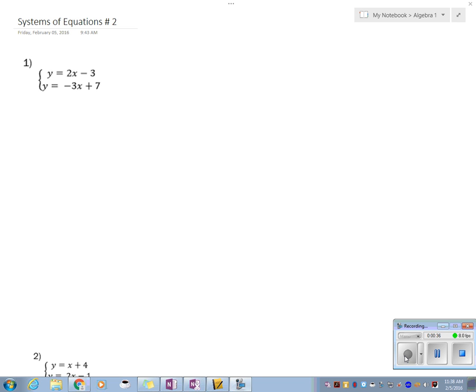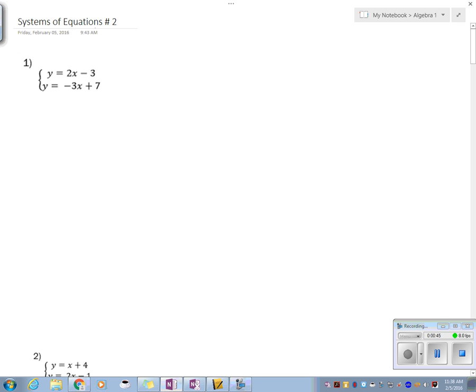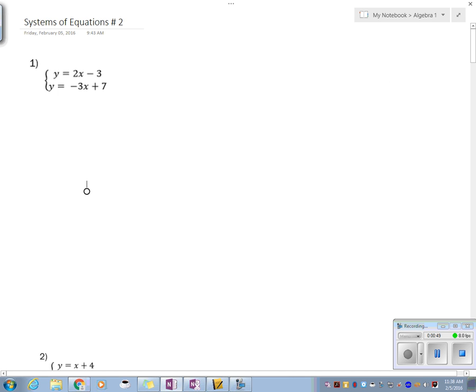So we see here that in our substitution, we have y equals and y equals. So I'm going to replace this y with this value because that's equal to y. Okay?